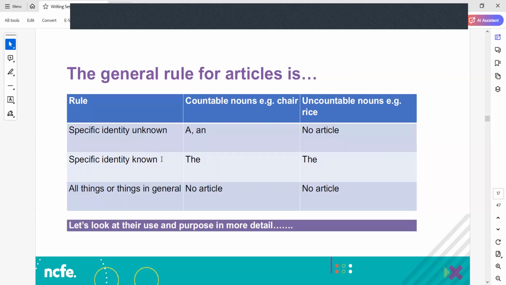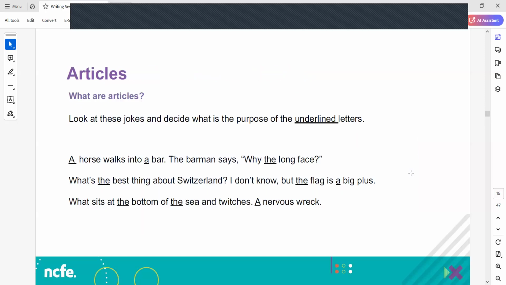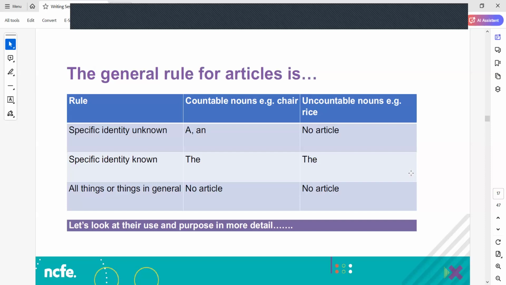If we're talking about something specific, we use the. So if we were pointing to a horse in a field, we might say the horse over there, because it's a specific horse that we know about because we can see it, or the other person is aware of it.